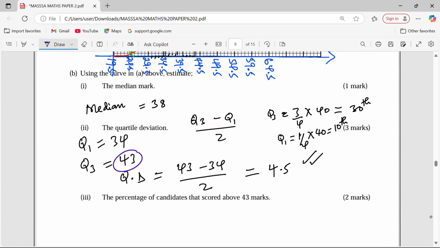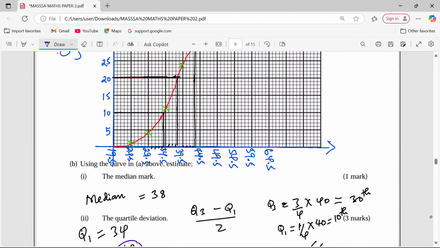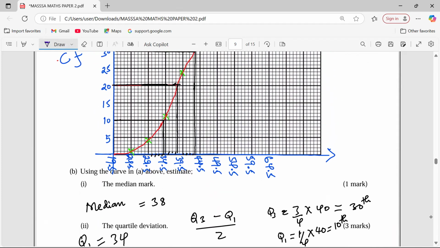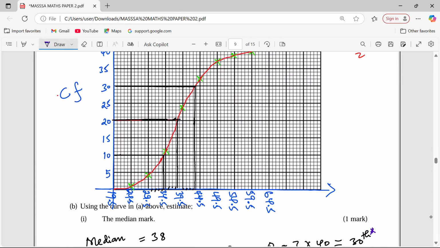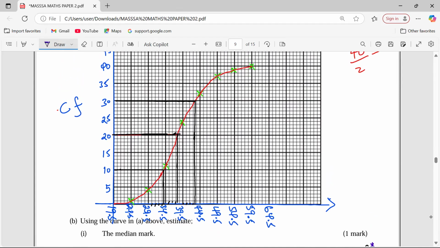We go to 43 marks and check the learner which aligns with that. That is automatically the 30th. So with 43, at this point, we are automatically having the 30th learner, which we have already identified.